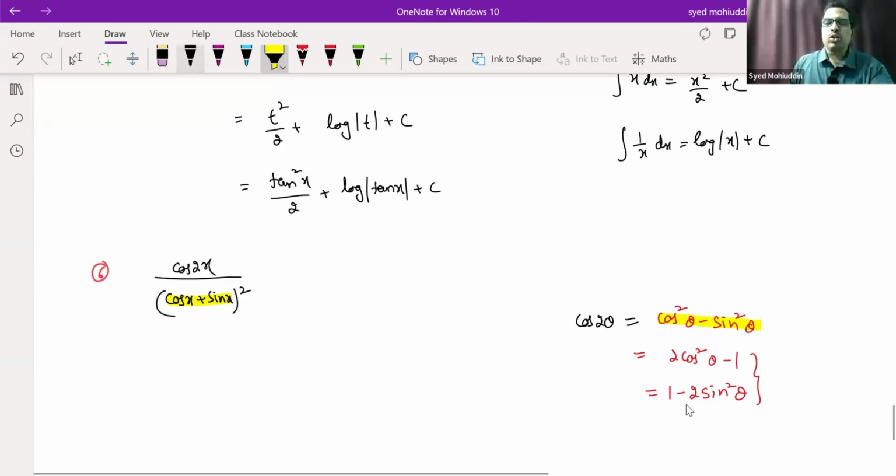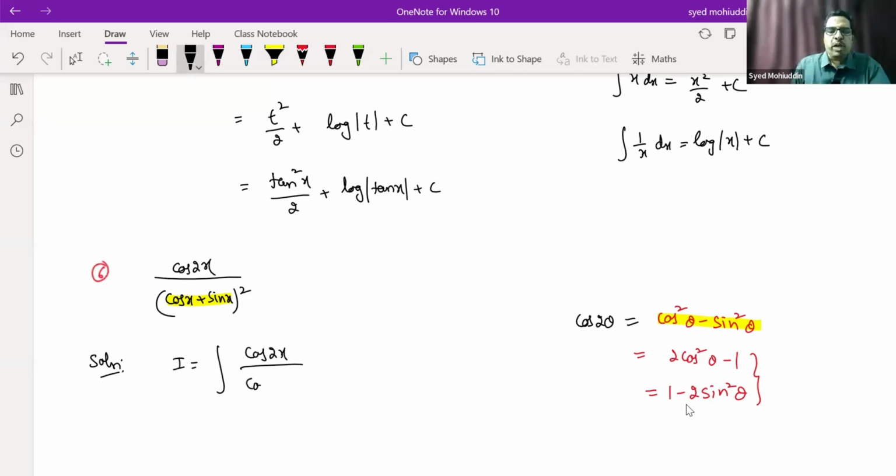denominator which is there. If we rewrite this, I is equal to the integral of cos 2x divided by (cos x plus sin x) whole square times dx.